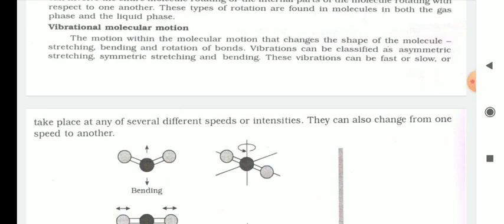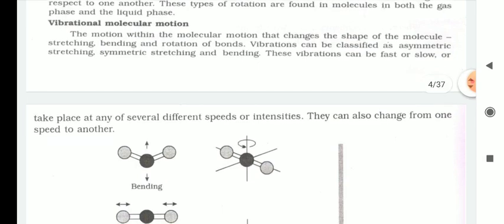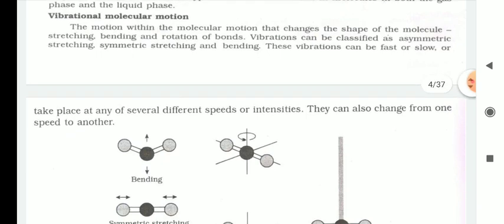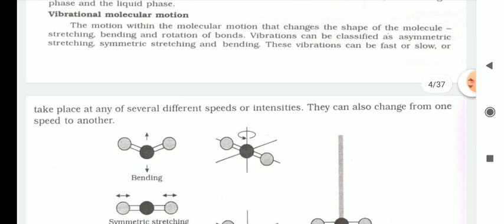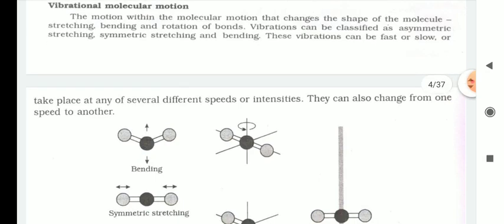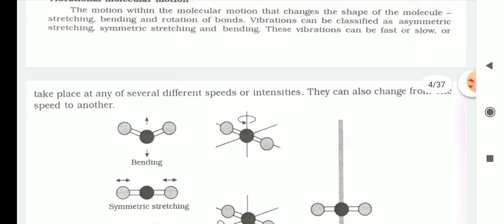The vibrational molecular motion is the motion within the molecule that changes the shape of the molecule by means of stretching, bending, and rotation of bonds. Vibrations can be classified as asymmetric stretching, symmetric stretching, and bending.